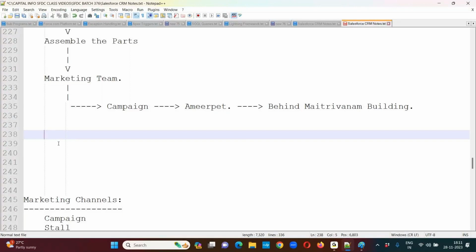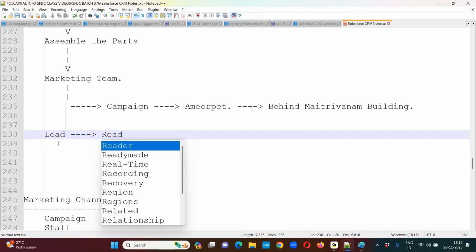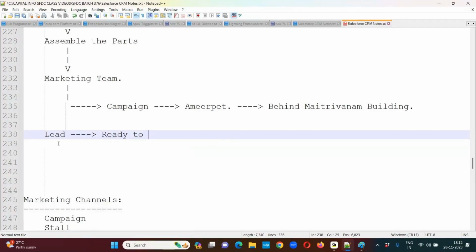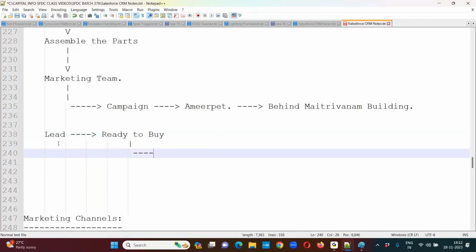Now, once the lead person is ready to buy the product, we are converting the lead as a customer.